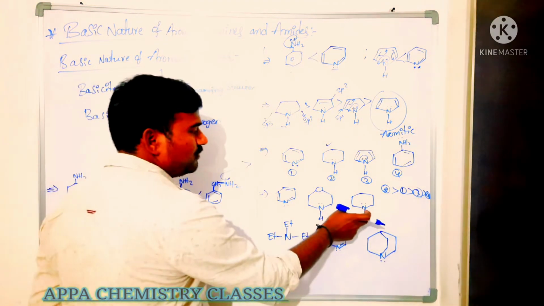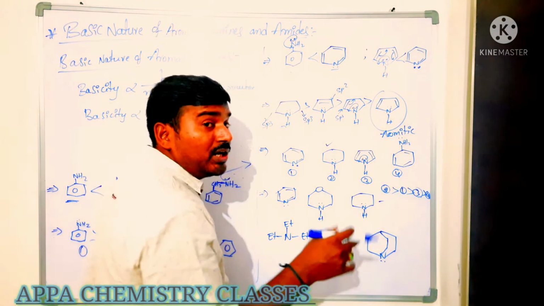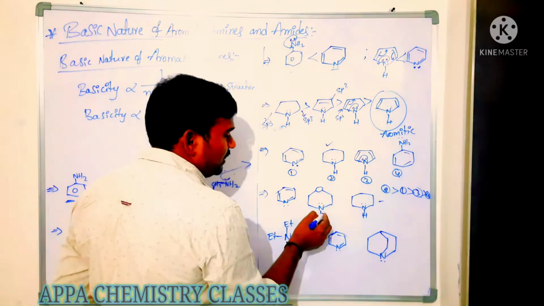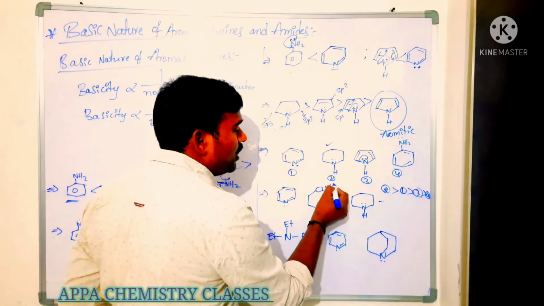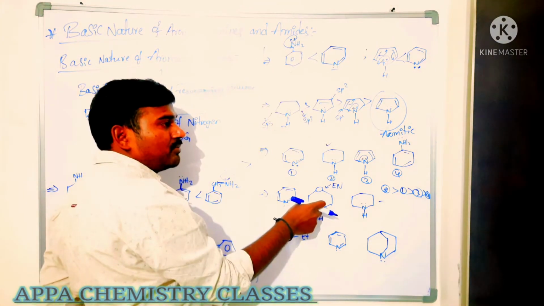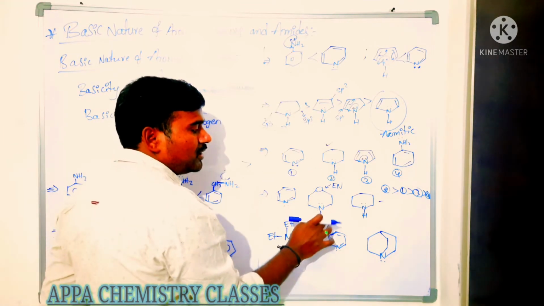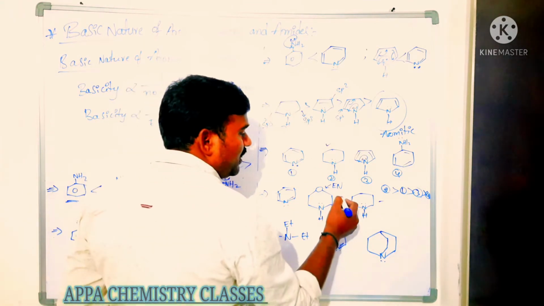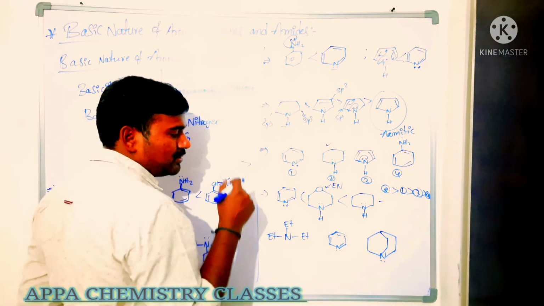Now among these three, this is an aliphatic amine without any electronegative atom. It is also aliphatic, but here oxygen is there. It is more electronegative. The electronegative atom withdraws the electron density from the nitrogen, so the nitrogen's electrons are not that free, whereas here the electrons are free. After that this, because it is an aromatic one, least basic.